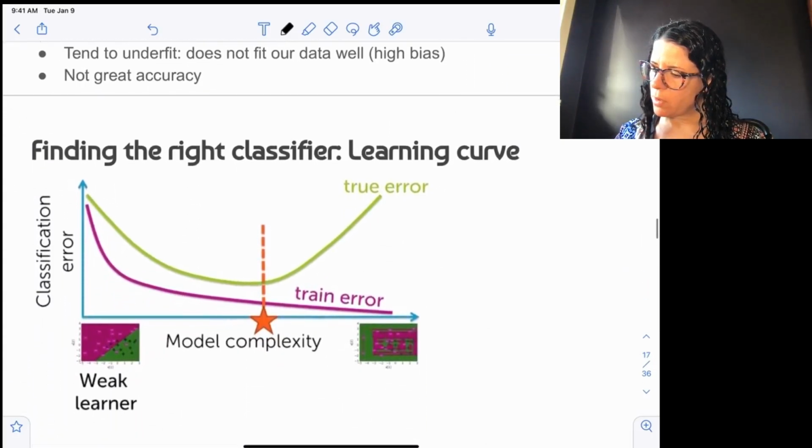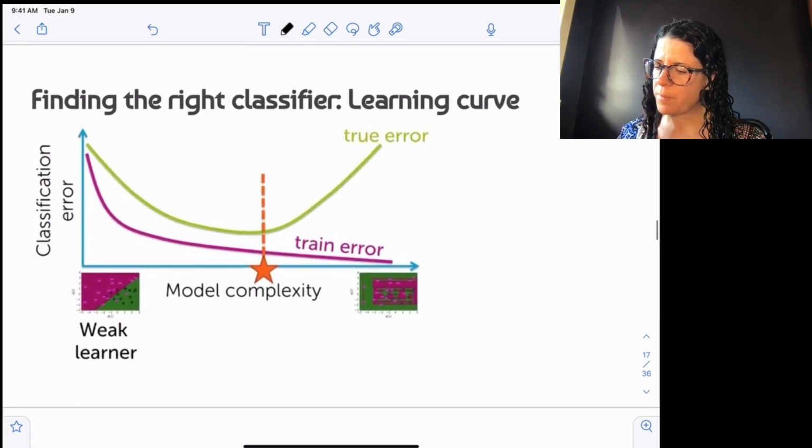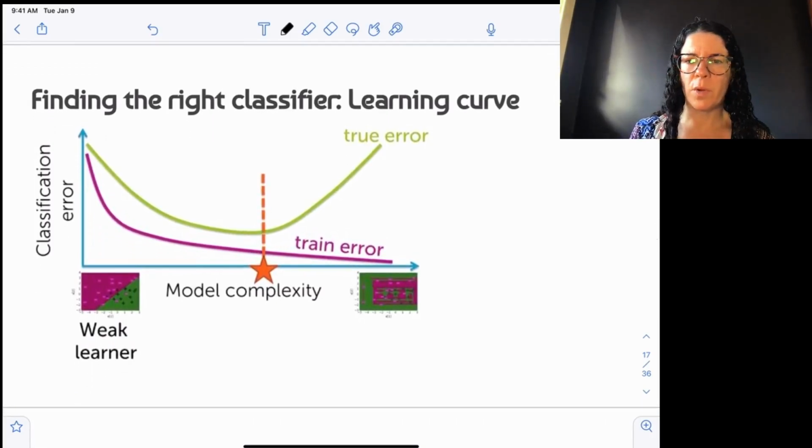Let's talk for a second about the idea of a learning curve, the relationship between classification error and the complexity of a classifier.